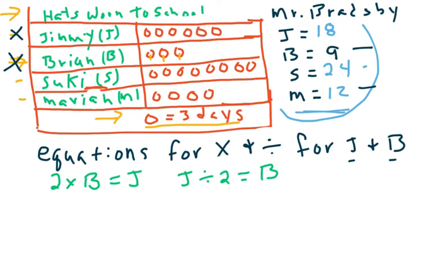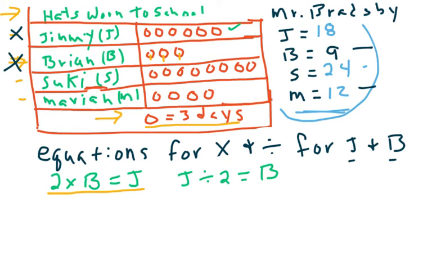Well, with the multiplication and division, there aren't as many options. The way I saw it then is that Brian has 9, and Jimmy has 18. Even if you look at the pictures, you'll see here that Jimmy has twice as many hats as Brian. In other words, you multiply Brian by 2 and you'll get Jimmy right here. 2 times B, 2 times 9 is 18, which is what Jimmy has.